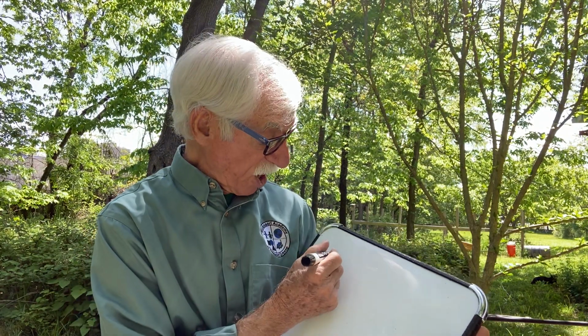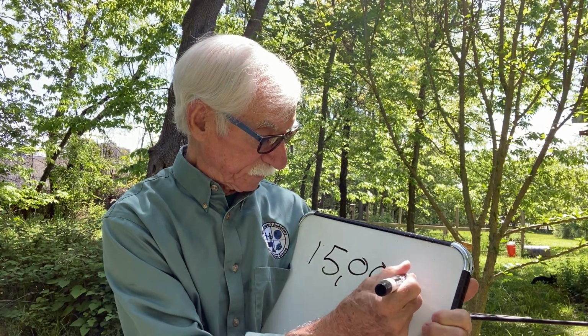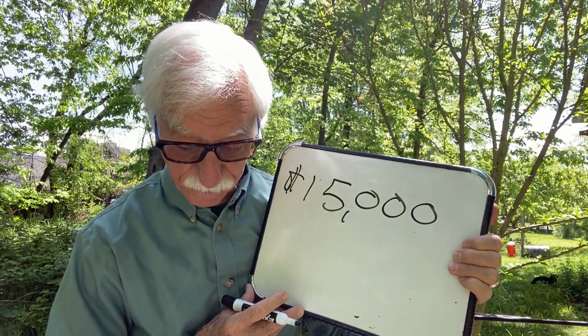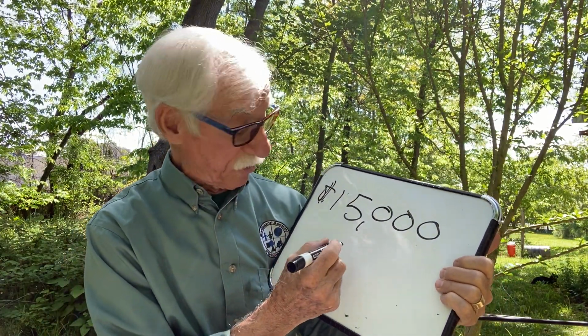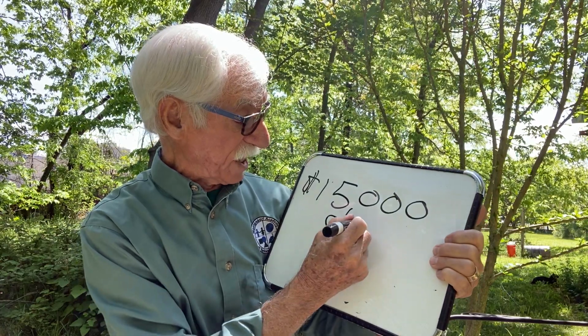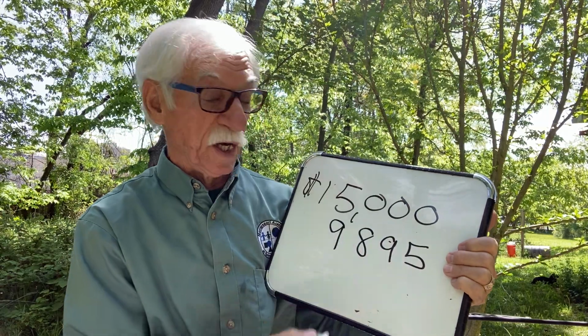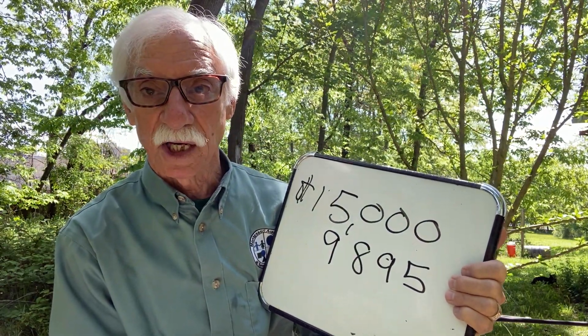Told you, they're trying to raise $15,000. Put a dollar sign. And they've raised $9,895. So we need to know the difference between how much their target is and how much they actually raised.